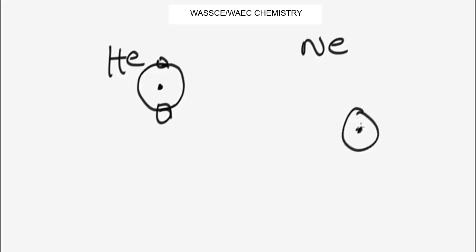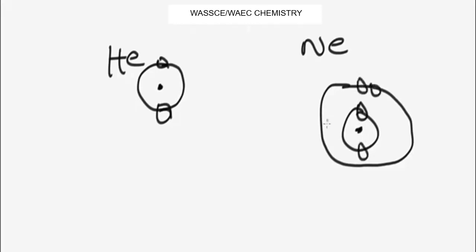This will be the first shell and this will be the second shell. If you check the helium atom, the first shell is completely filled with the 2 electrons that make up the helium atomic number.